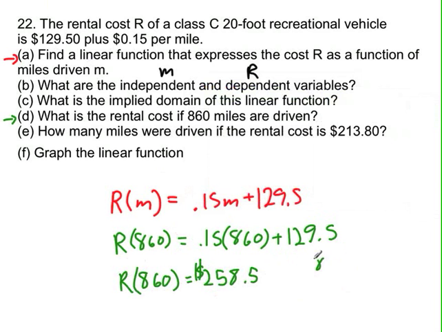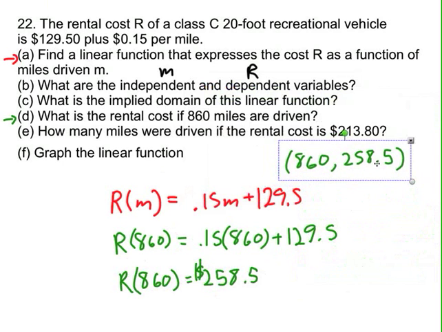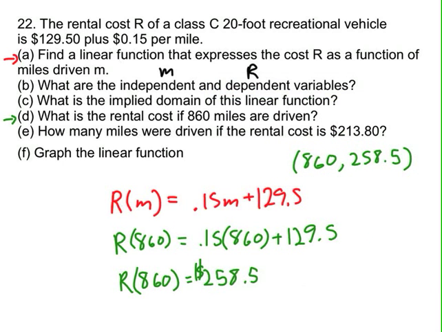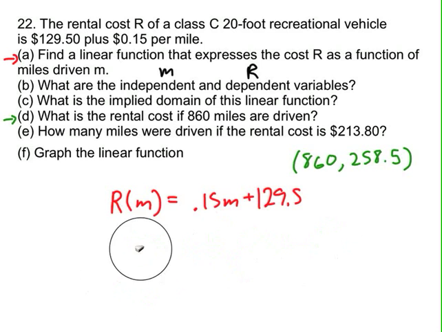So I'm going to take 860 and 258.5 as a point. And we'll use this later. So I'm going to take this guy and move him up here. And then I'm going to erase the rest of this work because we're done with it. You guys don't erase it. I can erase it.